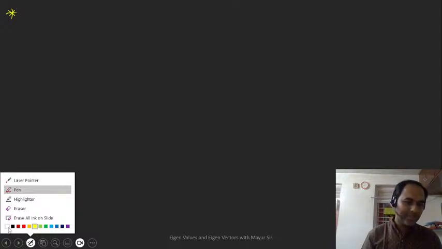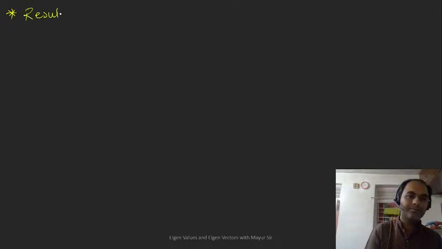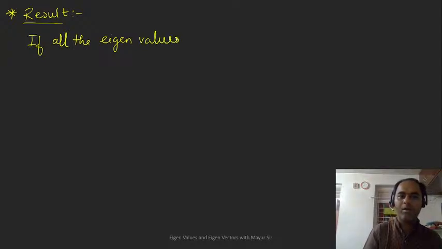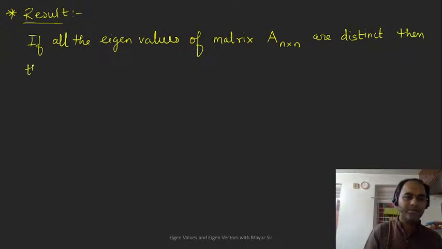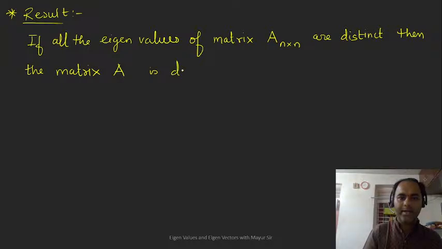So a very important result is this: if all the eigenvalues of an n cross n matrix A are distinct, then the matrix A is diagonalizable.